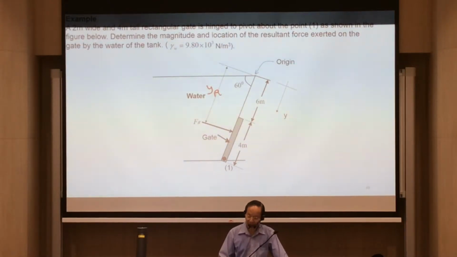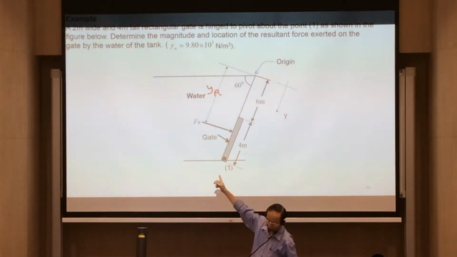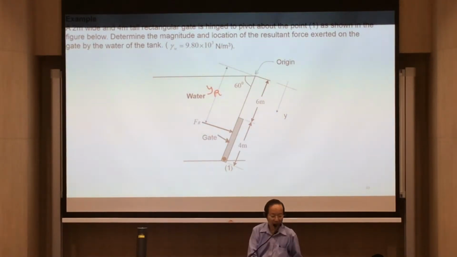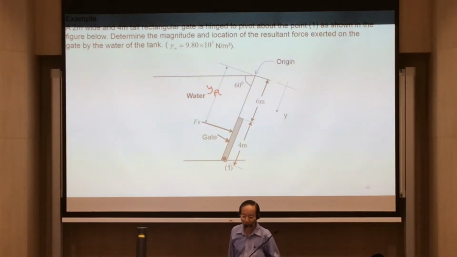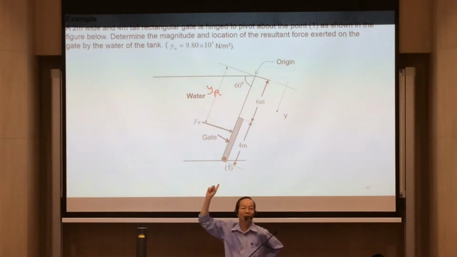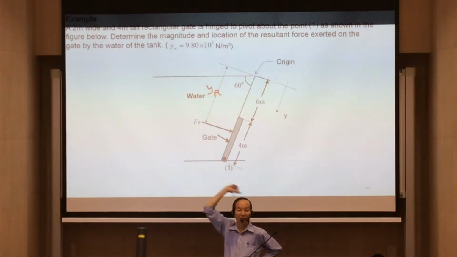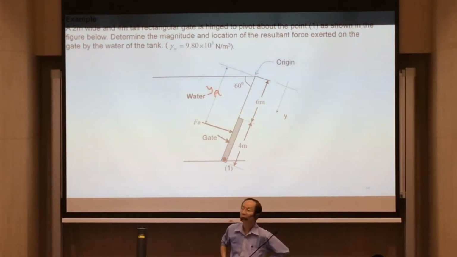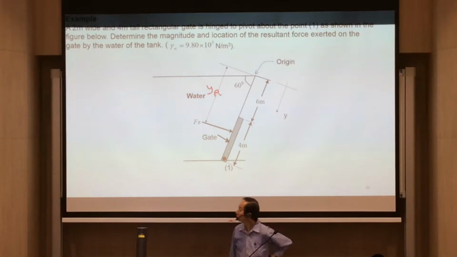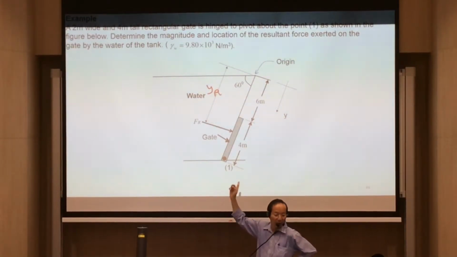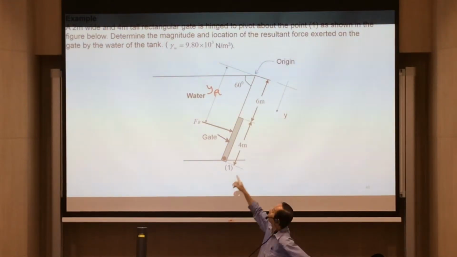Then part C says a 2-meter wide and 4-meter tall rectangle. How come the screen is like that? Anyway, the 2-meter wide and 4-meter tall rectangle is in example 3.5.1, so it's very similar to this question.